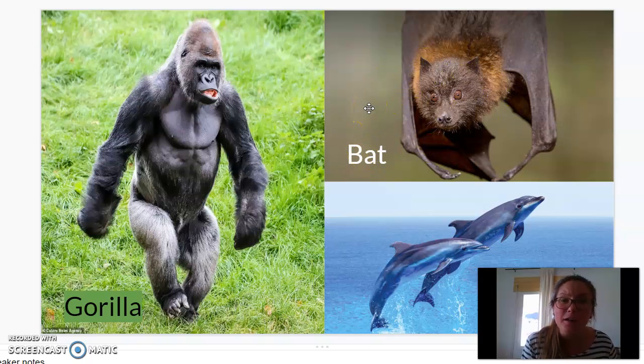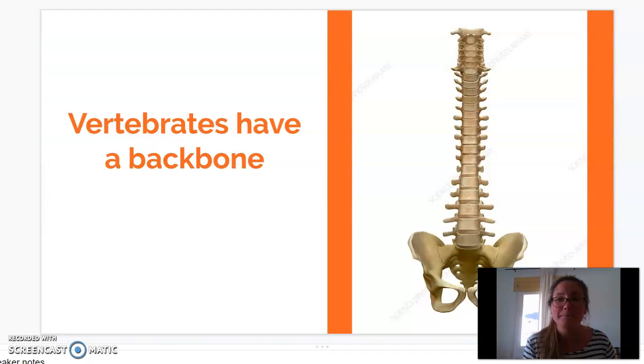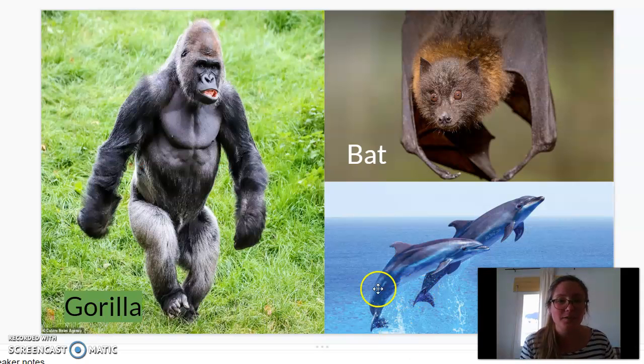A bat is also a mammal. And third, we have dolphins. Dolphins are also mammals. Mammals have backbones. Okay? So a gorilla, bat, and dolphin. All 3 of these mammals have backbones.